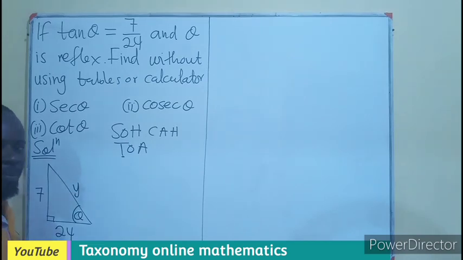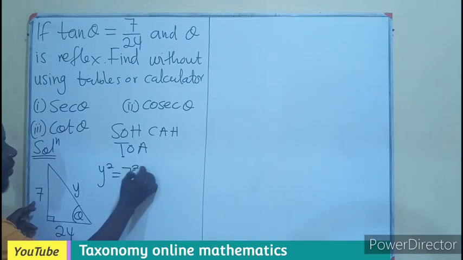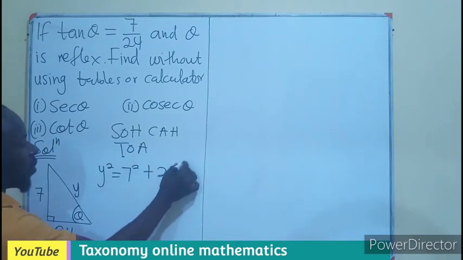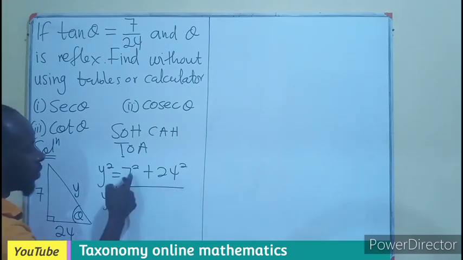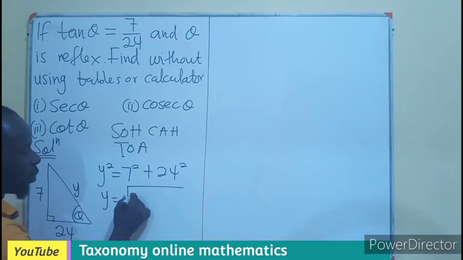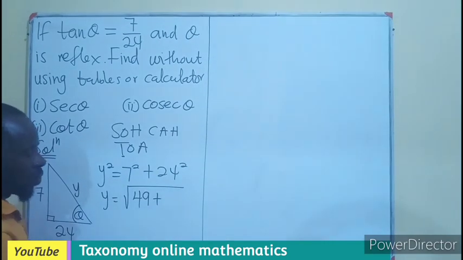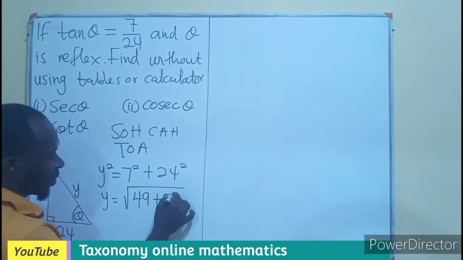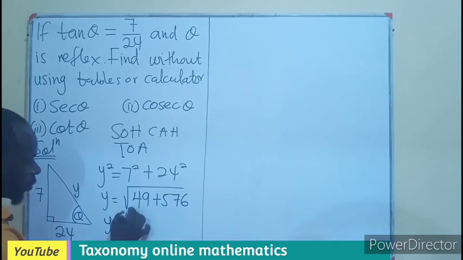identities. Using the Pythagoras theorem, y square will be equal to 7 square plus 24 square. 7 square is 49, and 24 square is 576.